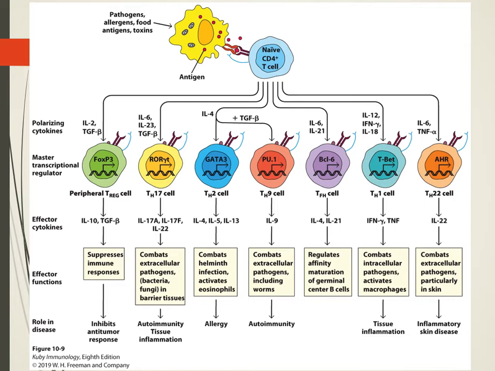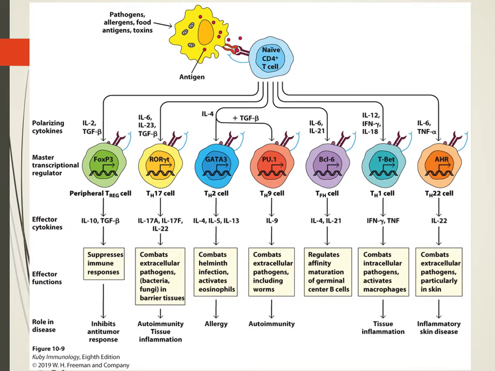So looking at these ones, so Th1, you'll remember these are initiated with like a viral infection, and so they're going to respond to IL-12. So you can see IL-12 is our polarizing cytokine. We also have interferon gamma and IL-18. So it's not just one cytokine causing this T cell to differentiate into a Th1.